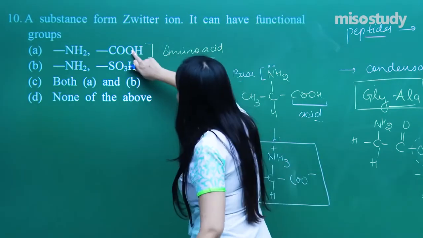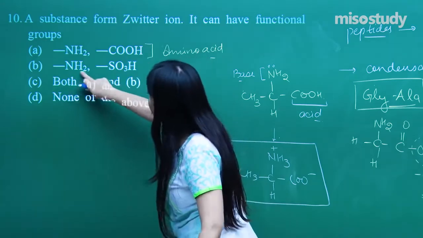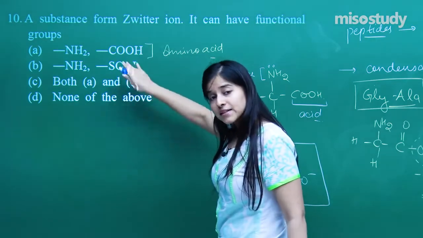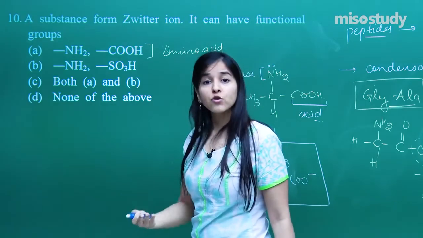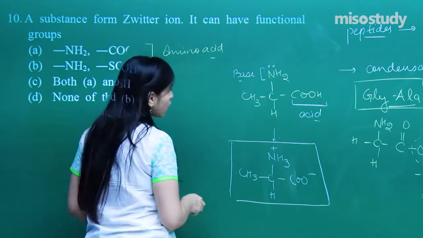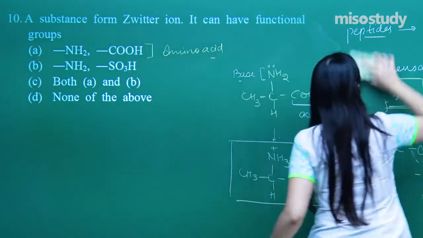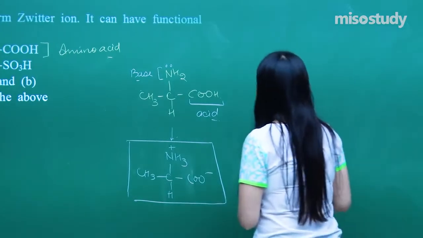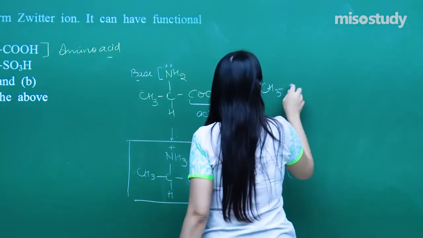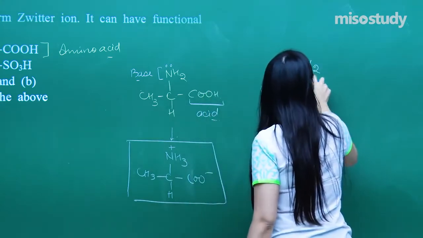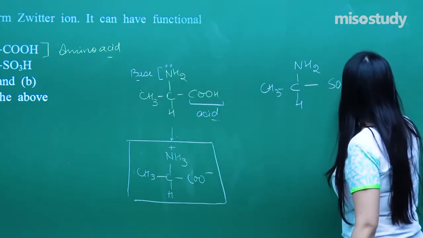So we have got this option right, but if you see at the B option, I have got sulfonic acid. So can the presence of sulfonic acid also form a Zwitter ion? Let us just see. Yes, definitely it can also be a Zwitter ion formation in the case of sulfonic acid. So here, if again I take up a similar kind of molecule, NH2 and SO3H.